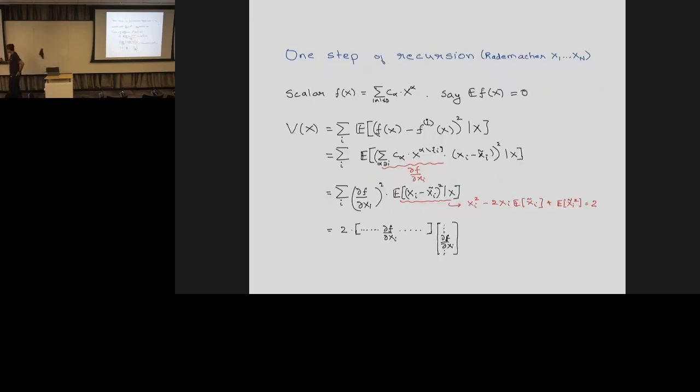Okay. Now let's just do one step of the recursion or try to understand what it does. Forget about matrices, let's just do the recursion for a scalar polynomial. So we just have a function of n random variables. Let's assume that the expectation is 0, not worry about it. And now let's look at what this v of x looks like.